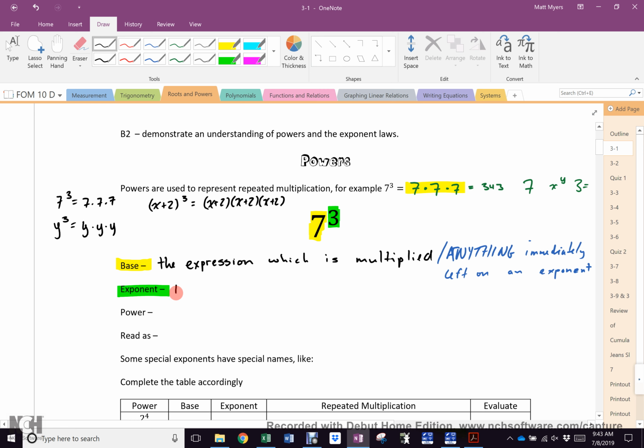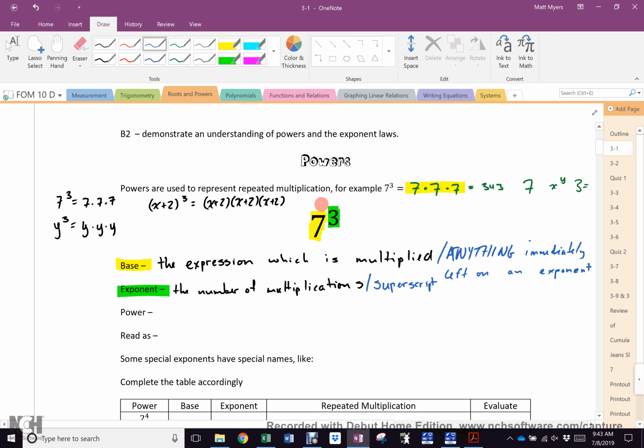What does that mean? That is the number of multiplications. Where does it live? It is what we call a superscript, which means it's written above the line. Anytime you see something written above the line, it's an exponent.